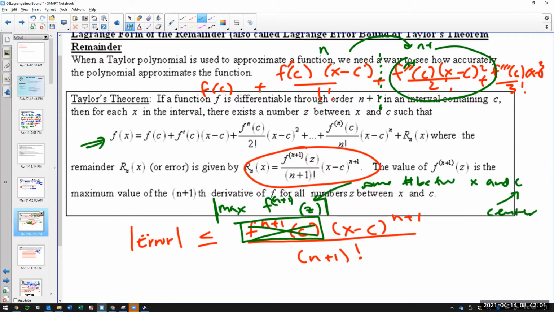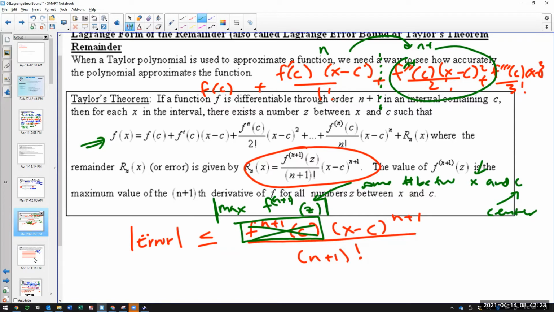What is X? X is what you're trying to plug in to evaluate. So at the very end, they'll say, oh, plug in 2.3. What is your value now at 2.3? X is whatever they said to plug in. And Z is between your center C and X. But I want to tell you, we're talking about Z, but you never have to find Z.